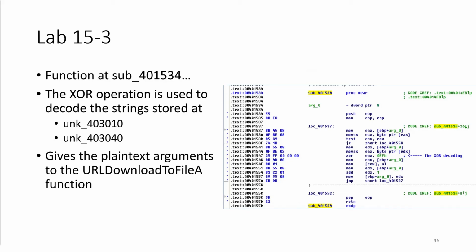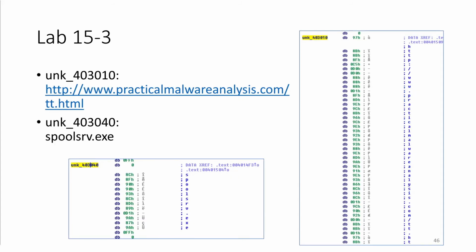The function that interacted with the memory locations was at 401534, so that's where the image is taken from. In this function, we find an XOR operation that is used to decode the data held in the global memory locations that we looked at before. Each byte at those locations gets XORed with hex FF, and after decoding the data using this function, the plaintext arguments for URLDownloadToFileA are found at those memory locations.